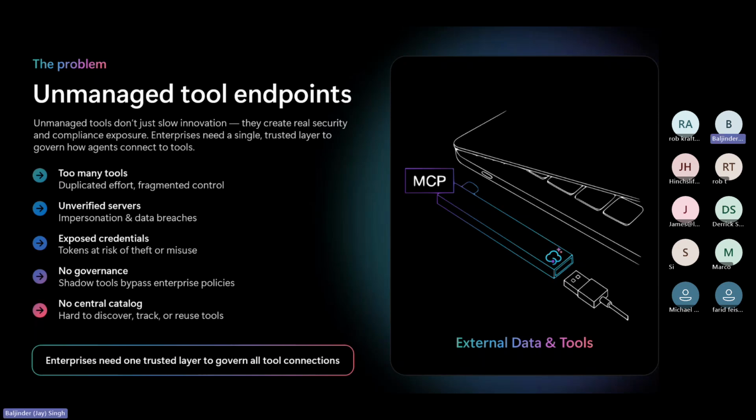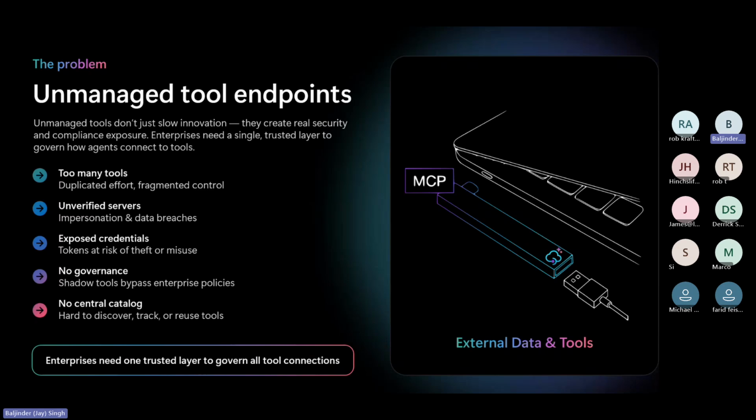And then last one that I would like to talk about here is there's no single place to answer what tools exist in the organization, or who owns them, or who's making them, which makes discovery, reuse, and life cycle management almost impossible. So these are some of the challenges.